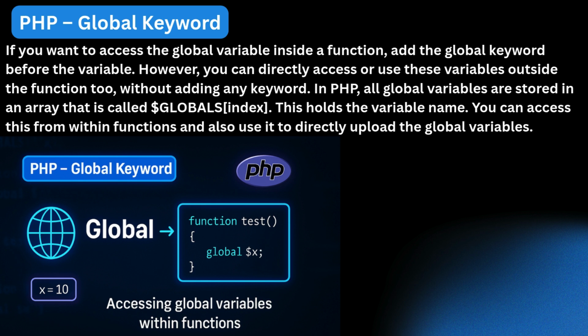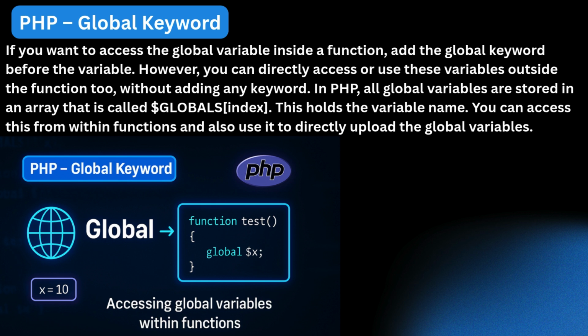The $GLOBALS array is especially useful in larger PHP applications where you need to access or update global data across multiple functions, files, or classes. To summarize this section, global variables are declared outside functions and are accessible everywhere in the script. But if you want to use them inside a function, you must either use the global keyword to bring them into the local function scope, or use the $GLOBALS array to reference them directly by name.